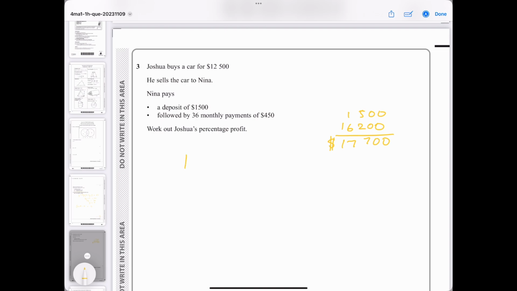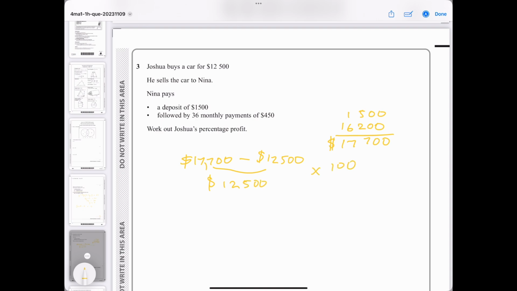And originally he buys it for 12,500. So what we do, and you need to remember this for all your science things as well, is 17,700 minus 12,500 over 12,500, which is your original, times 100.